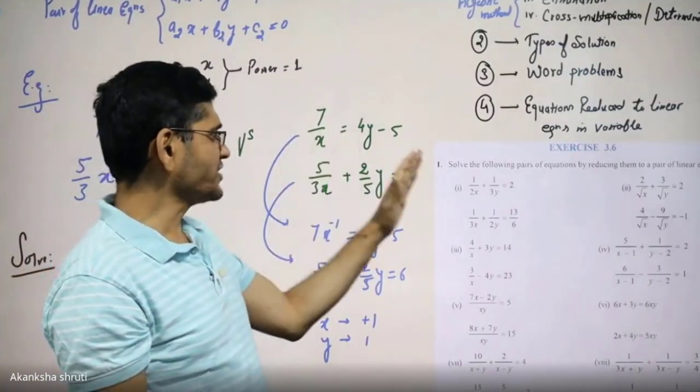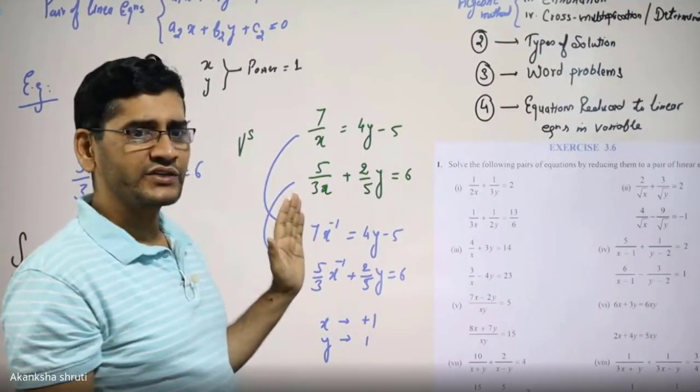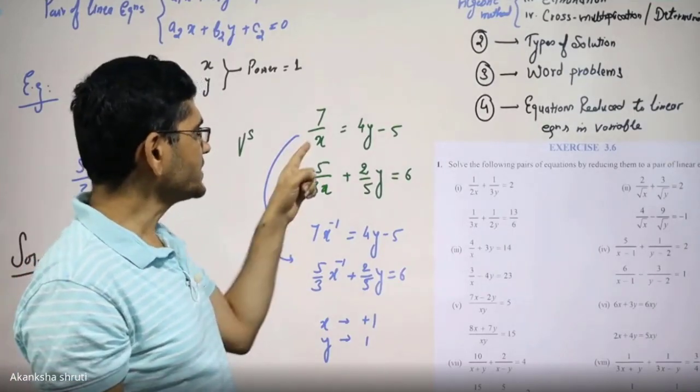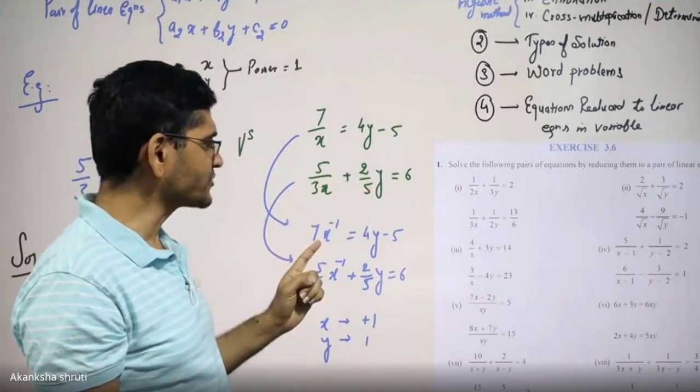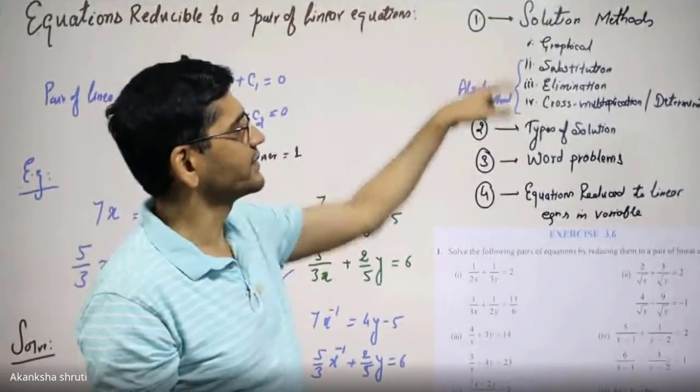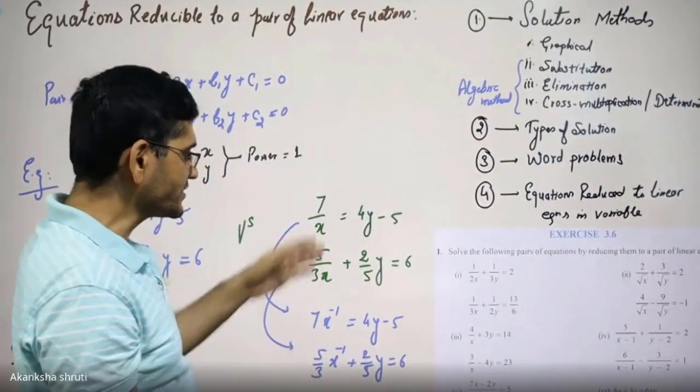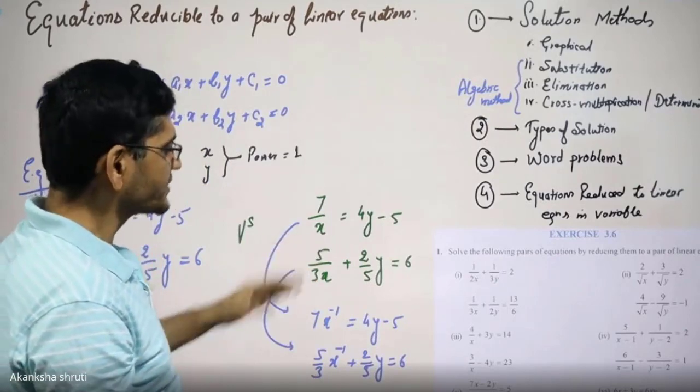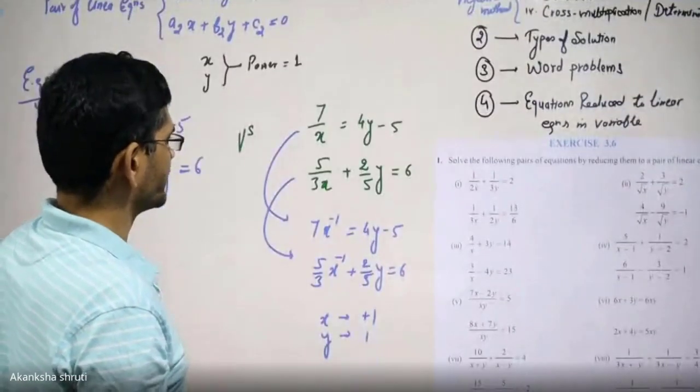Though this equation is not a linear equation, this x and y can be calculated by applying the method of solving linear equations. So what is that method? How to apply that, we are going to learn.